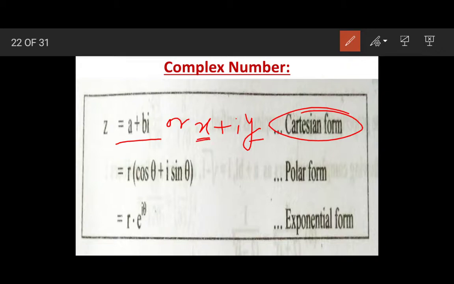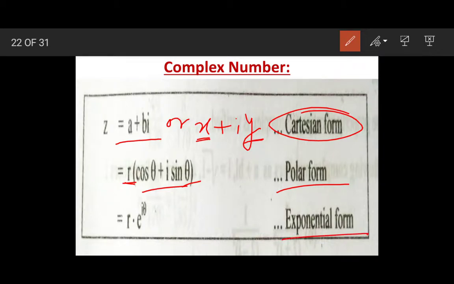Then, different ways of representing a complex number. There are three ways of representing a complex number. First is the Cartesian form, meaning a plus bi or x plus iy, where x and y are the x coordinate and y coordinate. Then the polar form means r into cos theta plus i sin theta, where r is the modulus of the complex number and theta is the argument of the complex number.